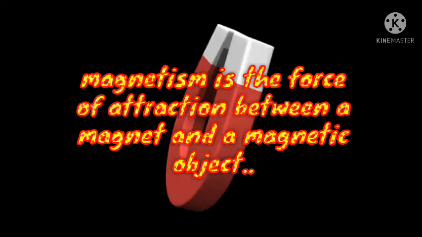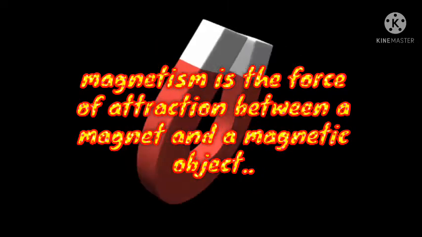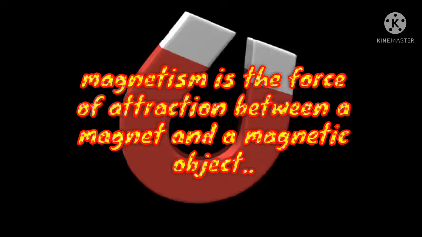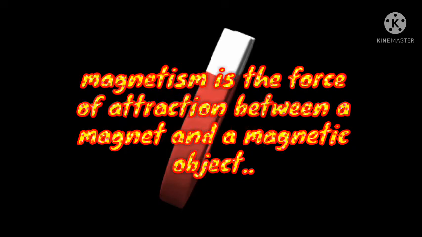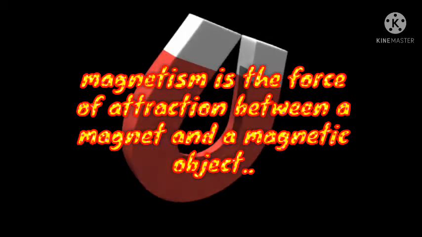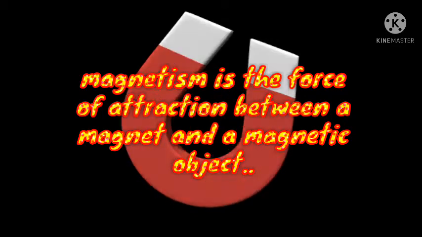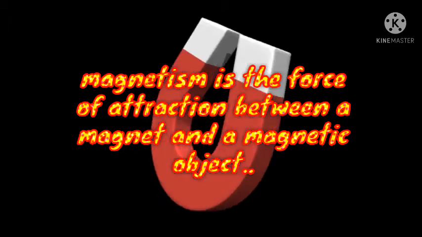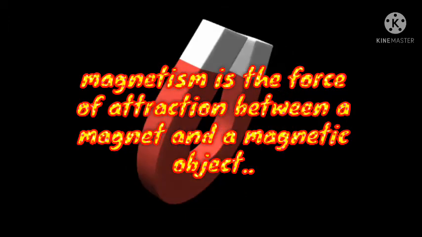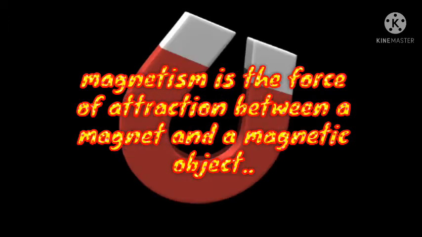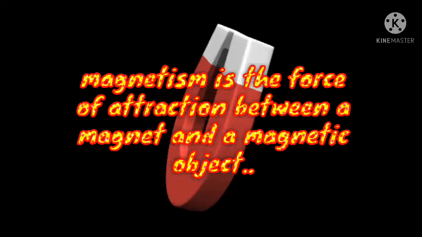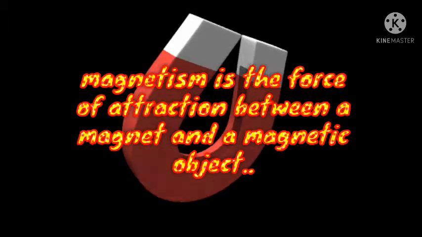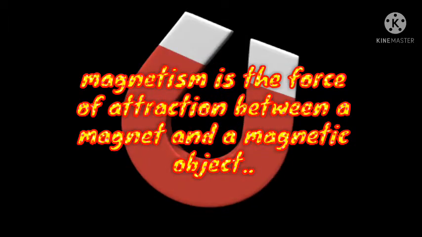Now we have two types of magnets: temporary magnets and permanent magnets. Note, metal objects can become temporary magnets by rubbing the metal object on a magnet. In doing so, it causes atoms to cluster and align.